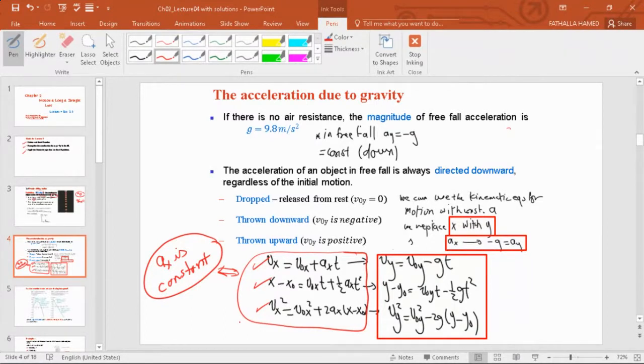Now, what we're going to look at today is free fall, and free fall happens under the action of gravity. The acceleration is due to gravity, because if you drop something, the speed will increase, so you must have an acceleration. This is what we call the acceleration due to gravity.